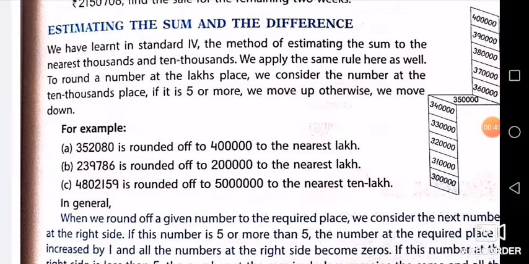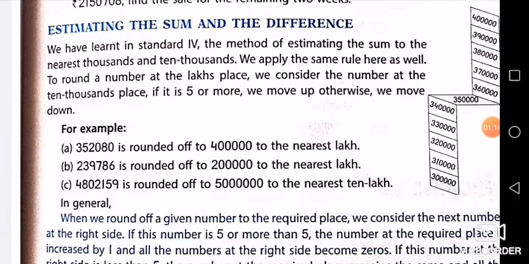Now in standard 4 you have learned estimation till 10,000 numbers. So in class 5 we will start with 10,000 and lakh, or 10 lakh also. Fine. Now what is the rule of estimation? Whenever you have to round off a given number to the required place, you will consider the rightmost number.